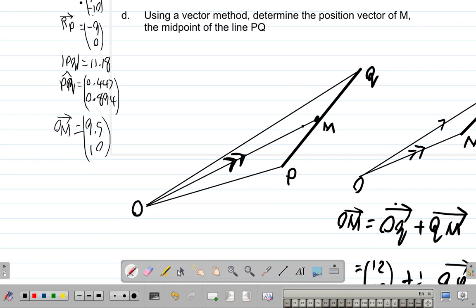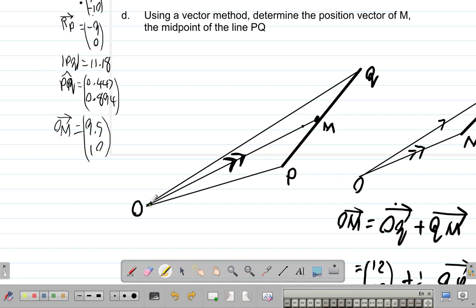So we had used this triangle before. This was the triangle we used, and we got 9.5,10.